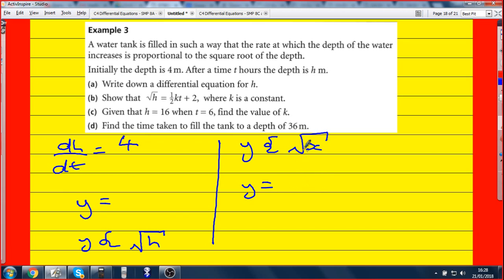It's basically root x times k, the constant of proportionality. And so how would you express this one then? No. K root H.